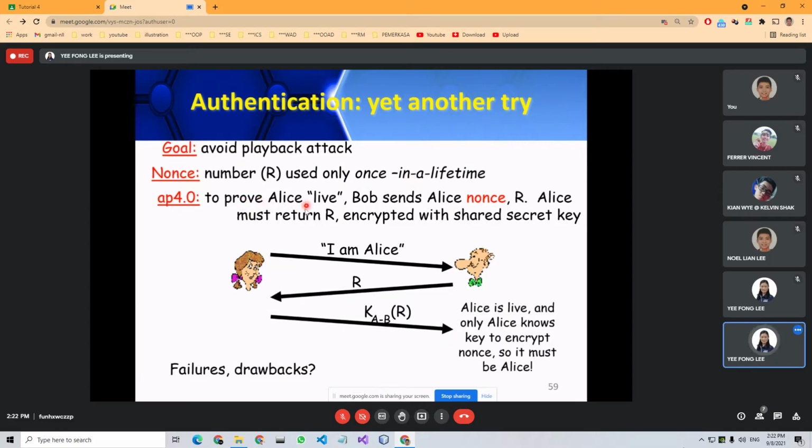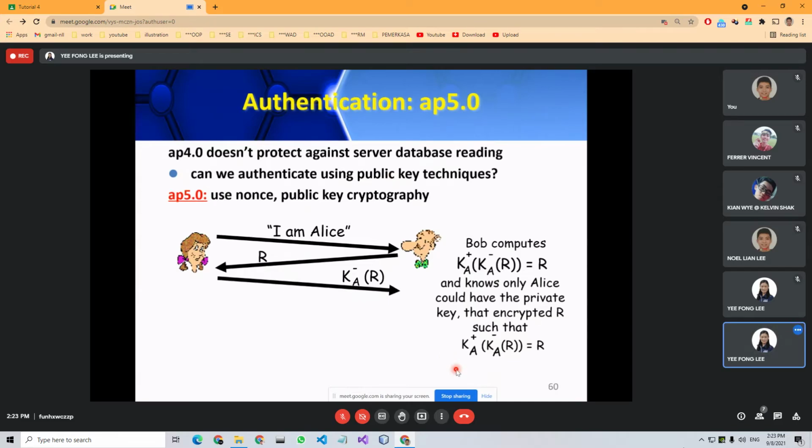So to prove Alice is live, Bob sends Alice a nonce R. Alice must return R encrypted with the shared secret key. Only Alice knows the key to encrypt the nonce. So it must be Alice because the nonce can only be used once. A second time it cannot be used; it will be a false value.